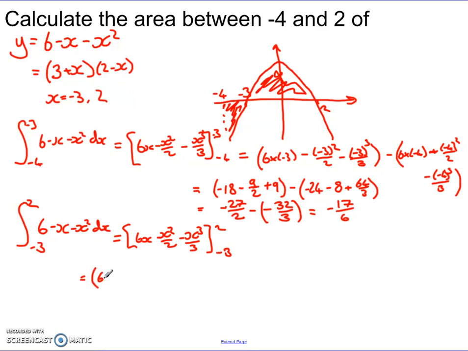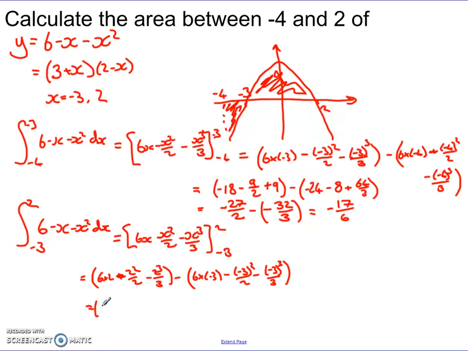So this gives me 6 times 2, take away 2 squared over 2, take away 2 cubed over 3, minus 6 times negative 3, take away negative 3 squared over 2, take away negative 3 cubed over 3.